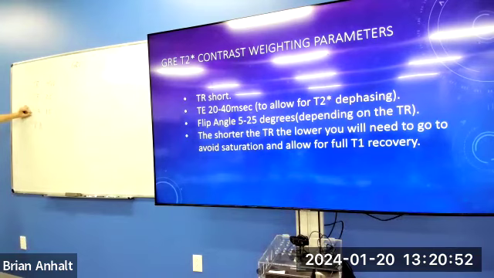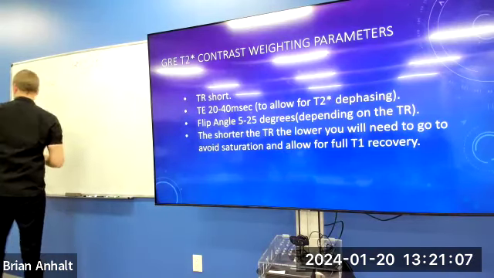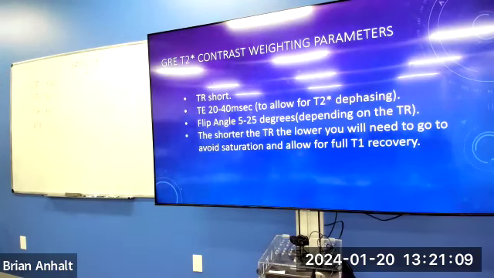High or low flip angle? We're gonna have full longitudinal recovery, eliminate T1 information, right? T2 star information, eliminate T1 information. What kind of weighting do we have? T2 star. Not true, T2. We didn't get rid of T2 star. T2 star, it's a gradient echo sequence.